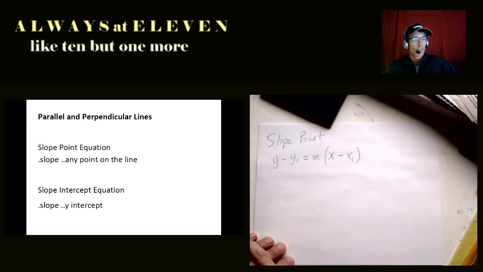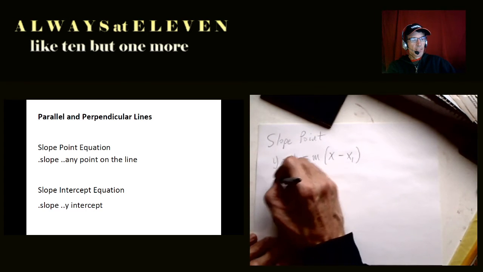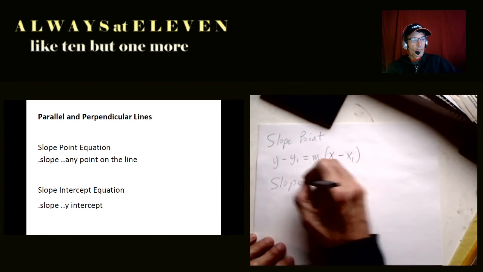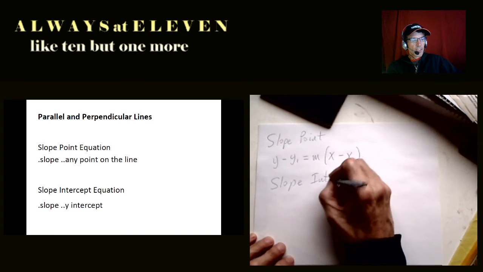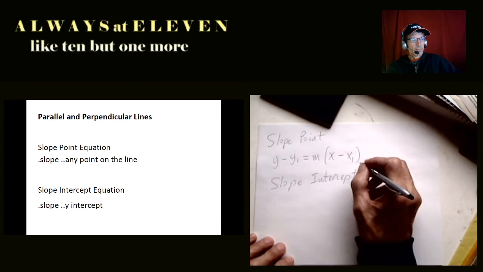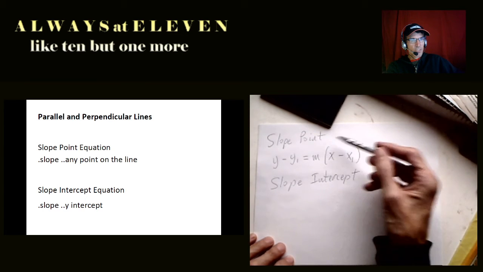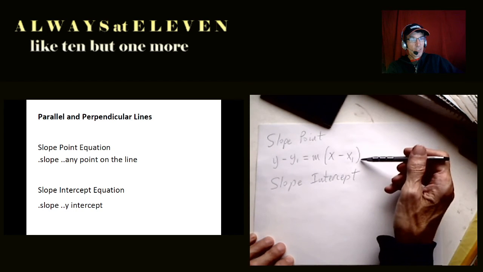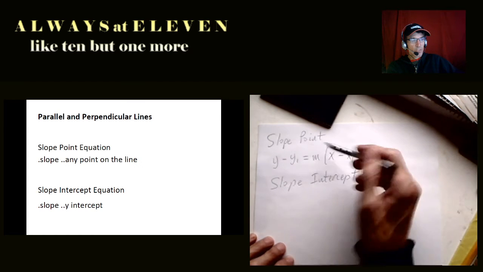The second option is the slope-intercept form. That looks like this. The slope-intercept, that's, I would say, the usual one. But honestly, slope-point is the easier one. Just get a point, slope, put it in there, done.